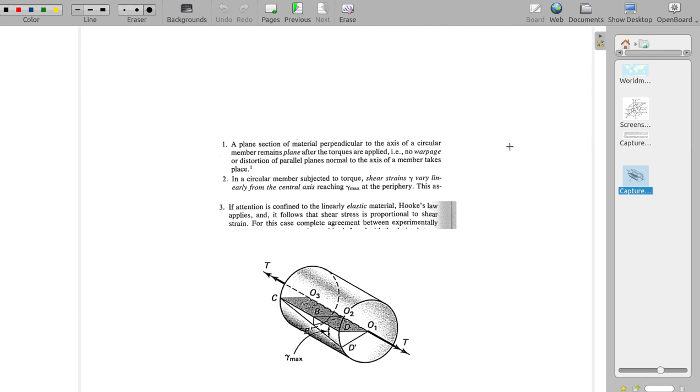So there are three major assumptions we use for the derivation.